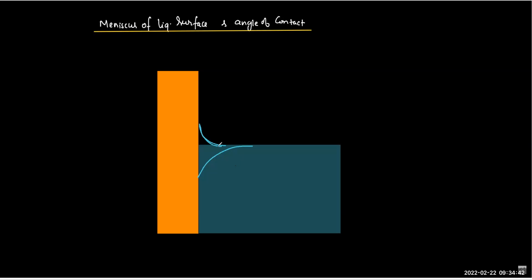But it is very hard for the water to remain exactly flat. Flat is not what we observe in day-to-day life. So either it's touching slightly above or slightly below.